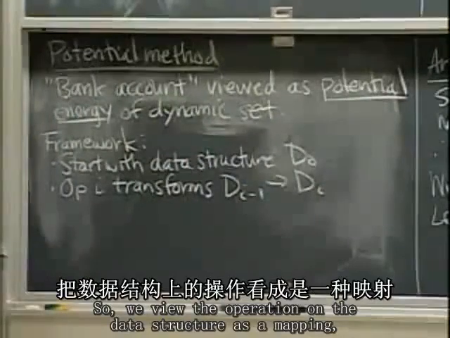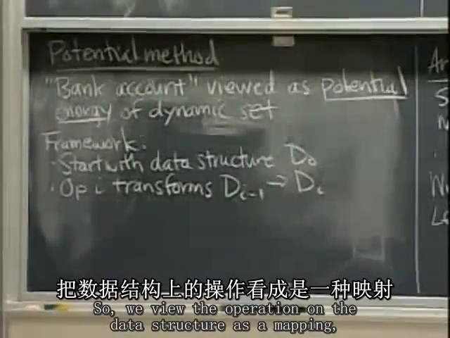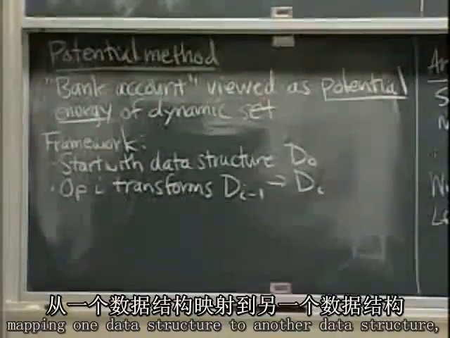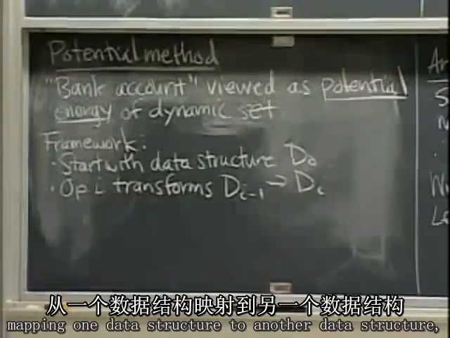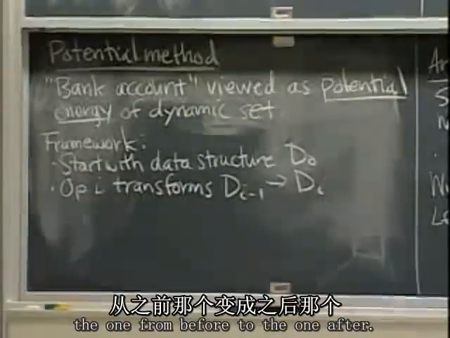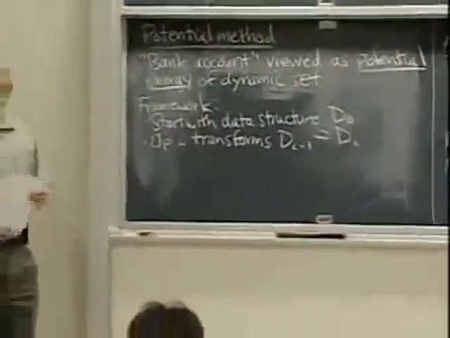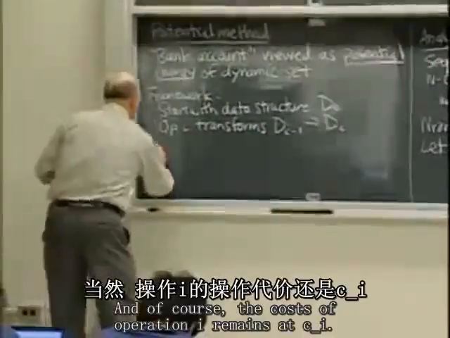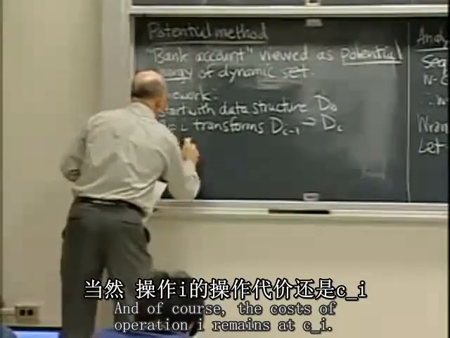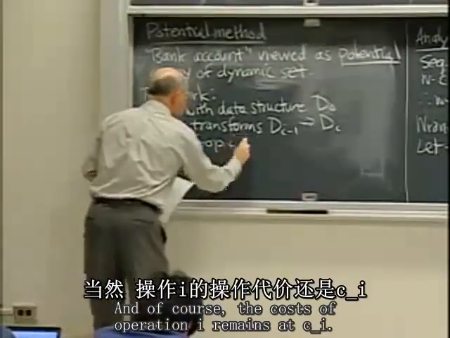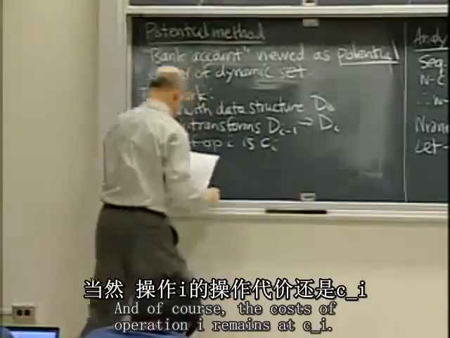So you view the operation on the data structure as a mapping from one data structure to another, the one from before to the one after. It's nicely mathematical. And of course the cost of operation i remains at c sub i.